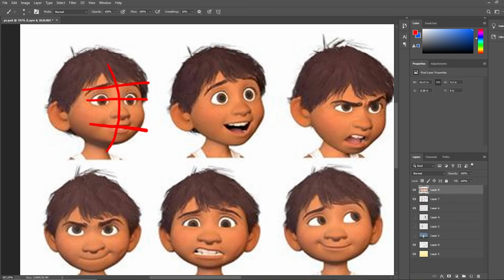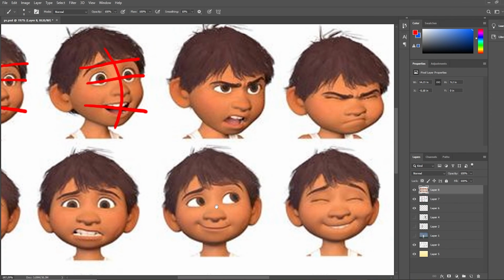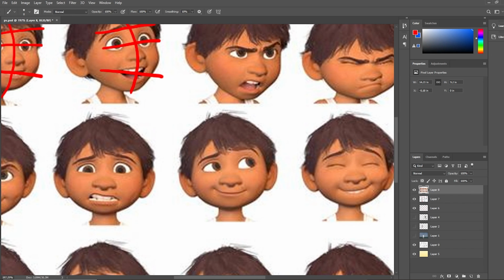This line of action is quite similar to your body line of action. Connect the eyebrow, the eyes, and the line of the mouth. This is the kind of line of action. Even in the front view, you can see that there is a curve over here. This is the line of action we are talking about for the face.